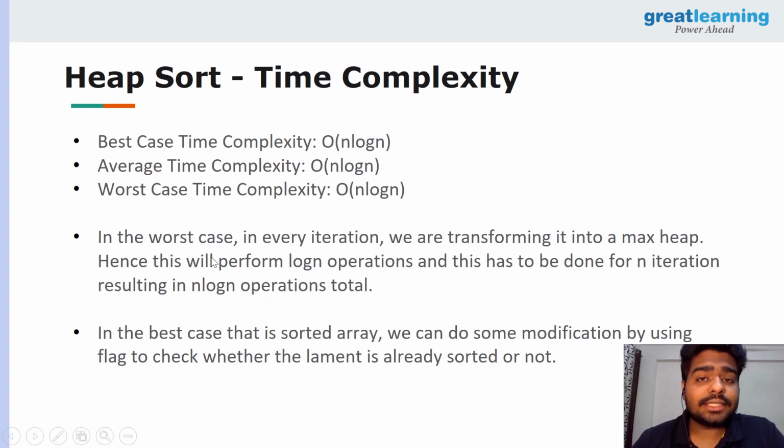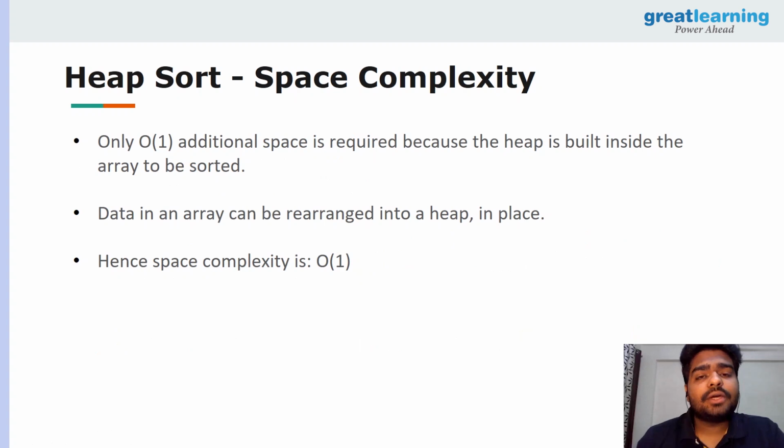Let's quickly discuss the space complexity, which is only big O of 1, as no additional space is required because the heap is built inside the array to be sorted. Remember that whatever sorting we are doing, we are not using any other memory, right? In that memory itself, everything is happening because we are converting my elements into a heap tree, correct? Shifting of elements from one location to another is not at all happening.